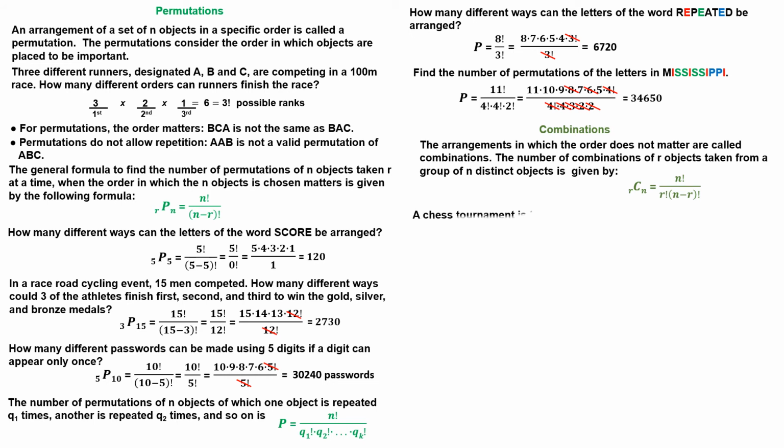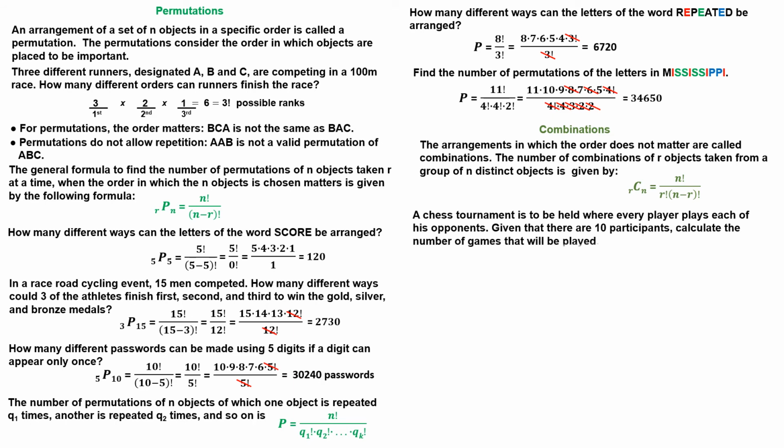A chess tournament is to be held where every player plays each of his opponents. Given that there are 10 participants, calculate the number of games that will be played. We would like to count the number of ways we can pair 10 players. This means that we are counting without repetition, and order does not matter, since player 1 versus player 2 will be the same as player 2 versus player 1.